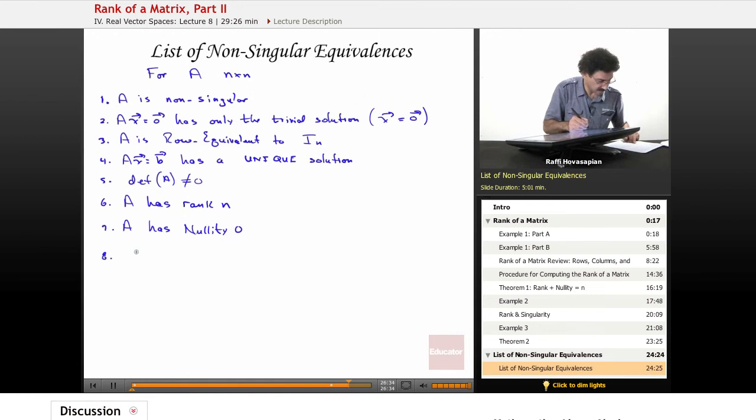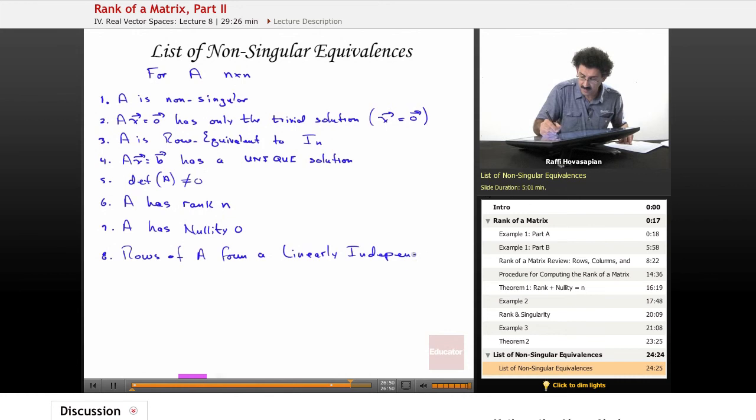8, the rows of A form a linearly independent set of vectors in Rn.